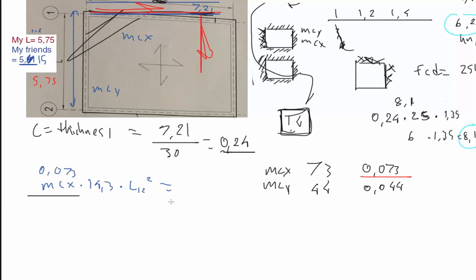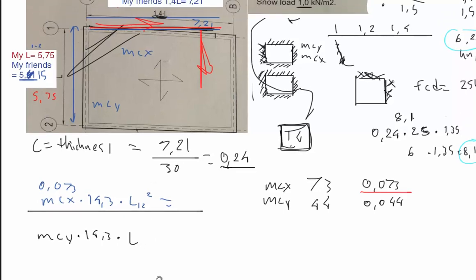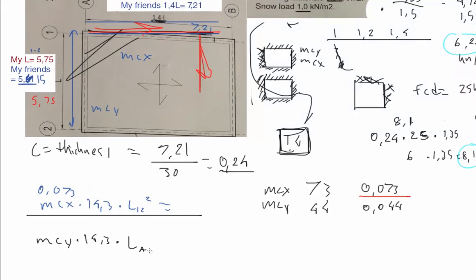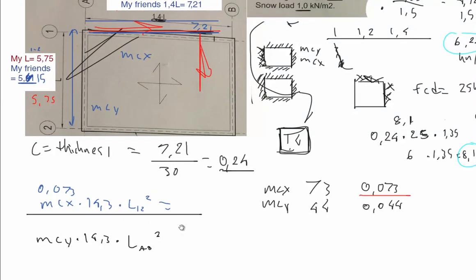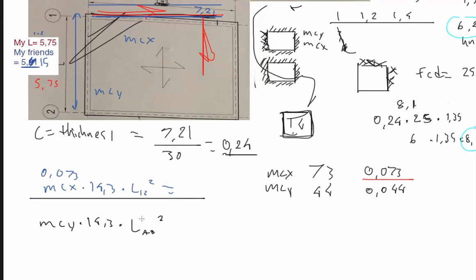In the other case, let's switch colors, mcy times 14.3 times EB squared, because the load is everywhere, right? So that makes sense. That's what I would think, but that's not what they did. They took this for L12. So for future reference, I'm going to make a note of that. Actually, maybe I'll ask the teacher next time if this is actually a mistake.